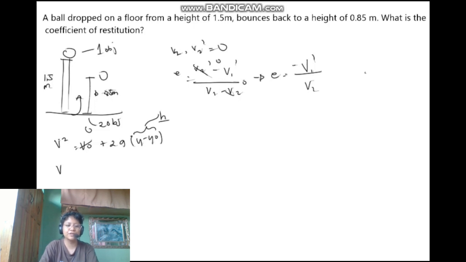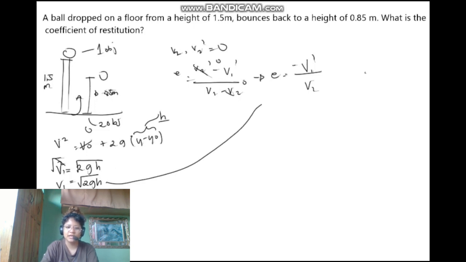Then, we're looking for the velocity. Let's rewrite. The velocity squared is equal to 2g times height, like sub 1. We're going to square root both sides, and we have v sub 1 is equal to square root of 2gh.